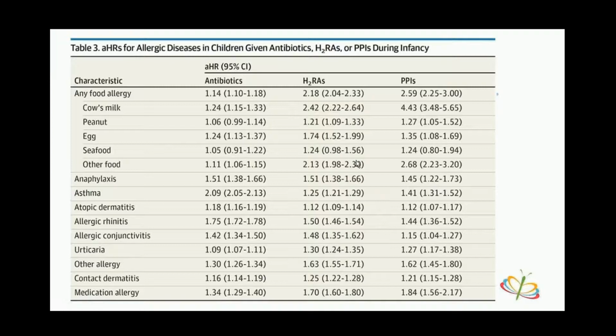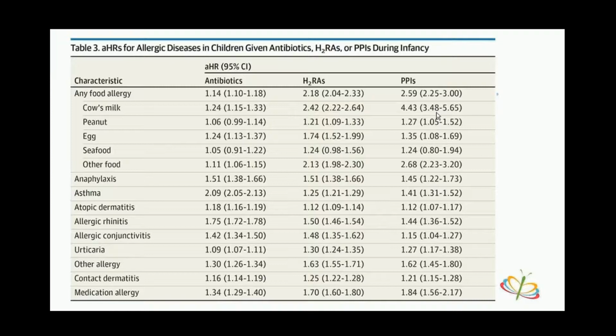But of note, if you look at, for instance, PPIs with relation to milk protein allergy or cow's milk, you see that it's 4.43 with a reasonably tight confidence interval of 3.48 to 5.65. And similarly, PPIs with any food allergy, again, with the exception of seafood that we talked about earlier, show a fairly increased risk.